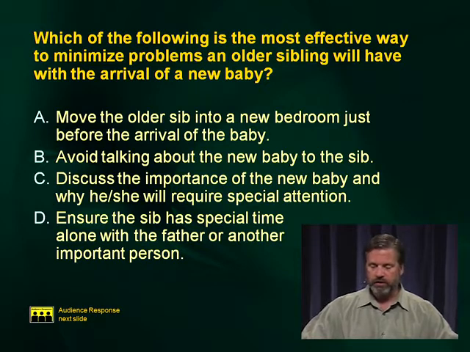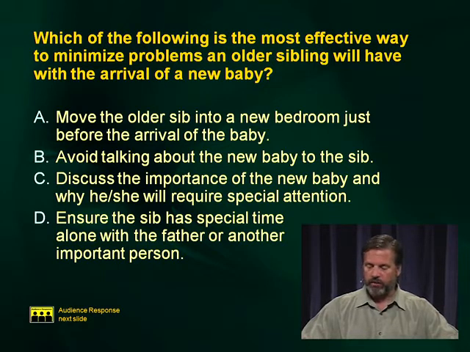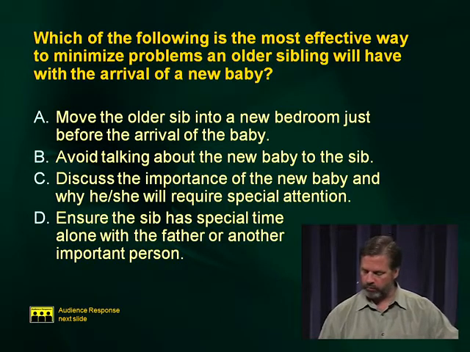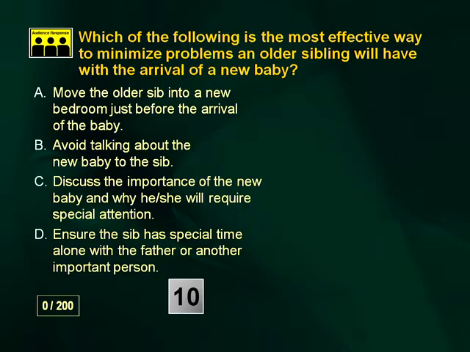Is it A, move the older sibling into a new bedroom just before the arrival of the baby? B, avoid talking about the new baby to the sibling? C, discuss the importance of the new baby and why he or she will require special attention? Or D, ensure the sibling has special time alone with the father or another important person?